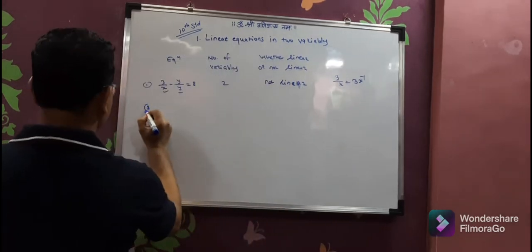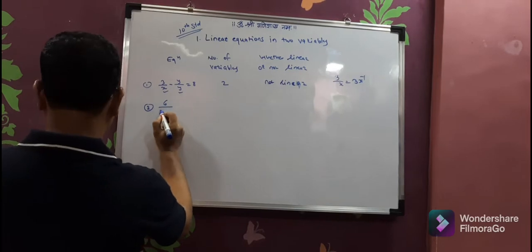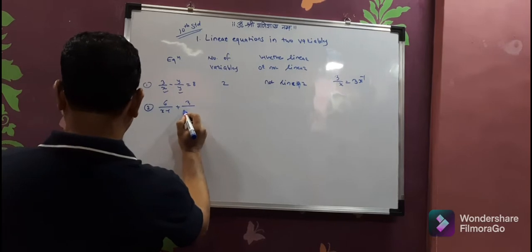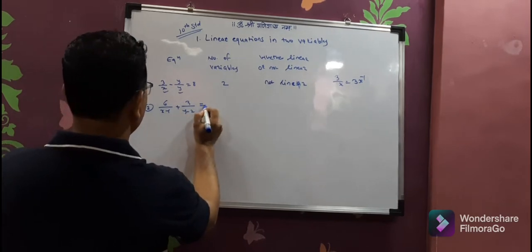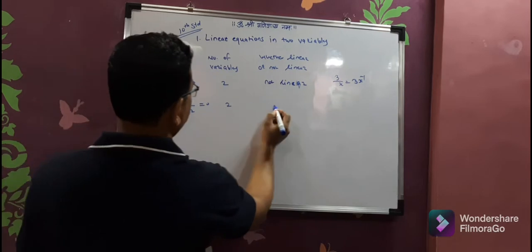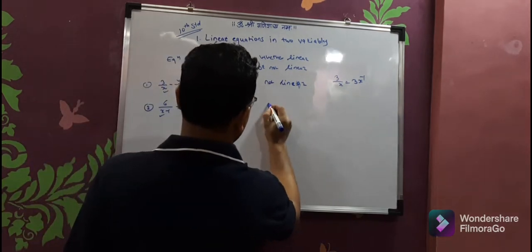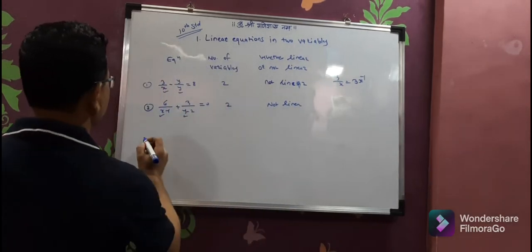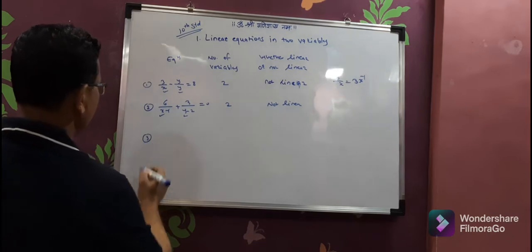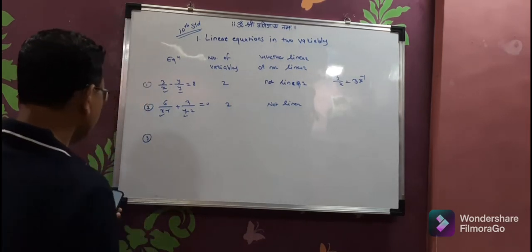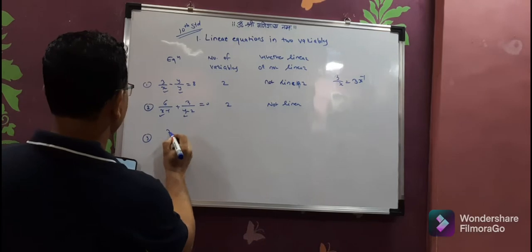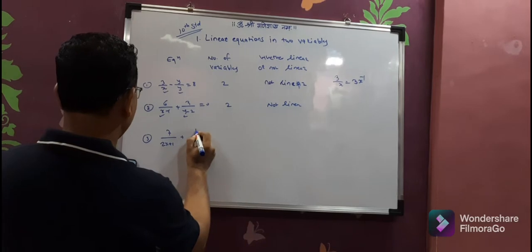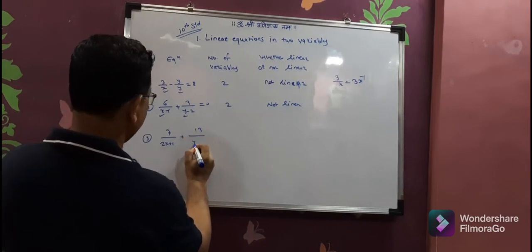Then the second one, 6 upon x minus 1 plus 3 upon y minus 2 is equal to 0. There are also 2 variables. It is not a linear equation. Third, 7 divided by 2x plus 1 plus 13 divided by x, y plus 2.